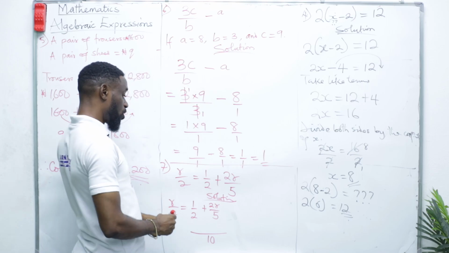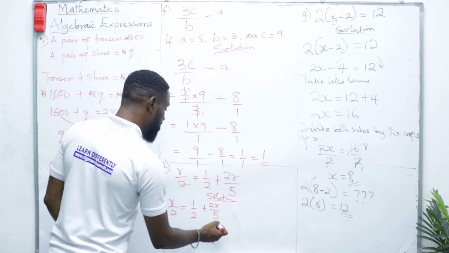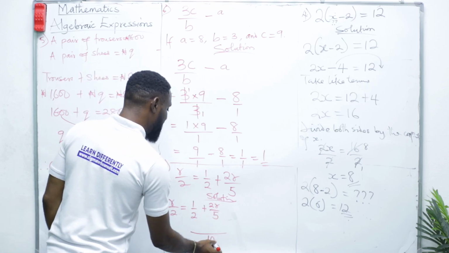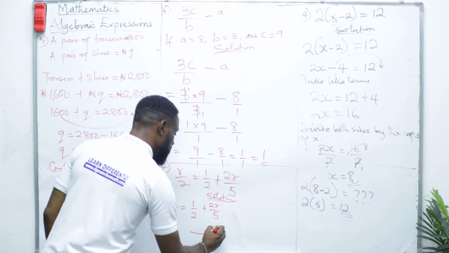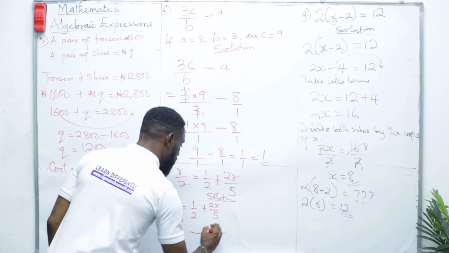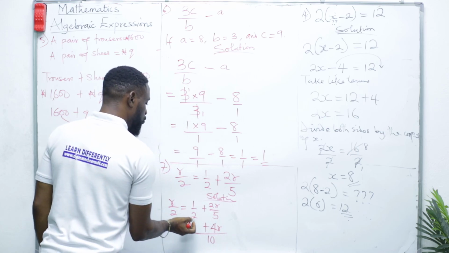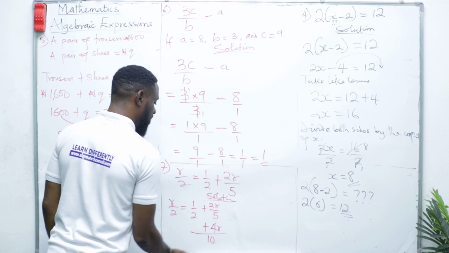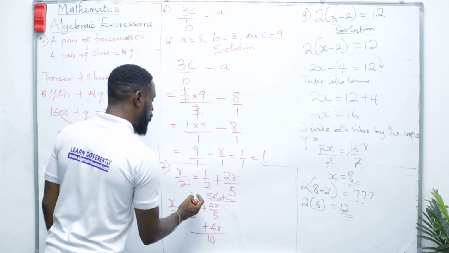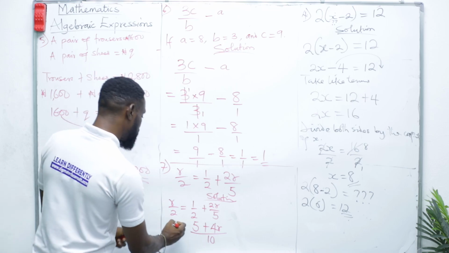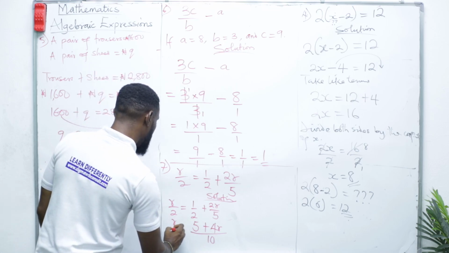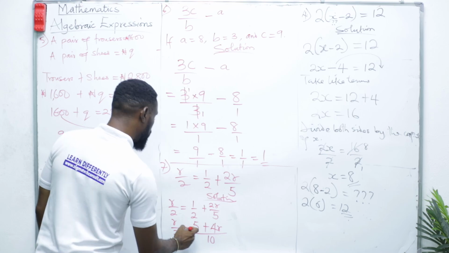Okay, so what do we do at this point? What we do is 5 divided by 10 is 2. 2 times 2r is 4r. Then we come down here. 2 divided by 10 is 5. 5 times 1 is still 5. So it means that r over 2 is now equal to this.